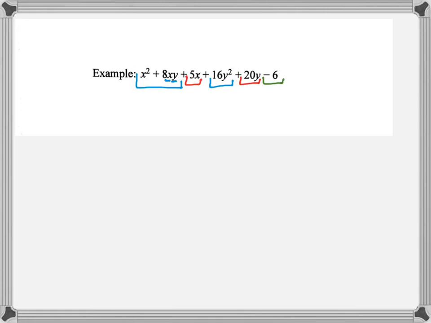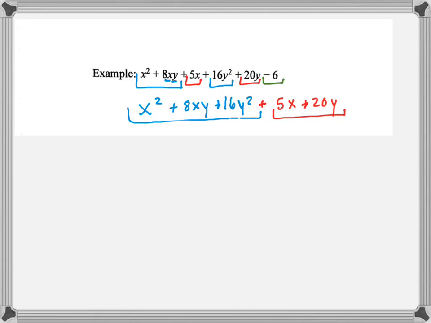First I'm just going to start by rewriting these: x squared plus 8xy plus 16y squared. We're just going to group those all together. And then I'm going to take the 5x plus 20y, and we're going to group those together. And then at the end we have this minus 6 that we don't really know what to do with yet.